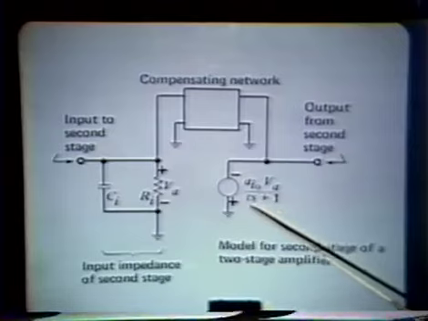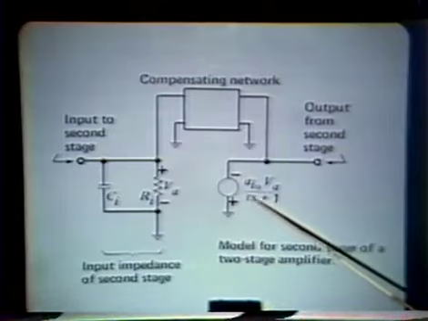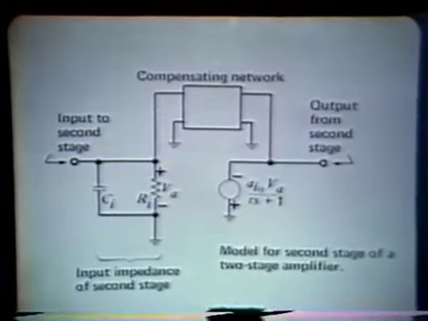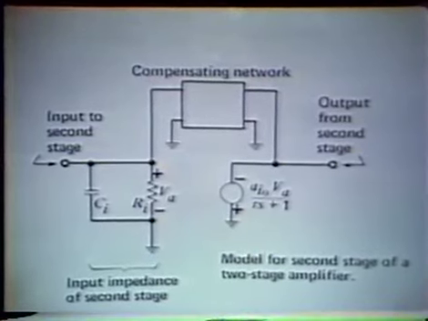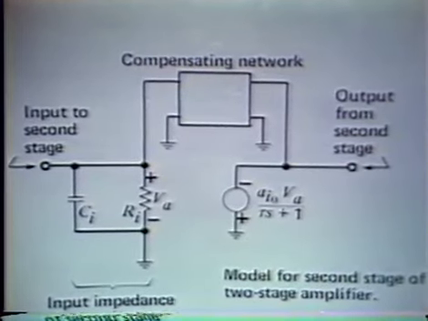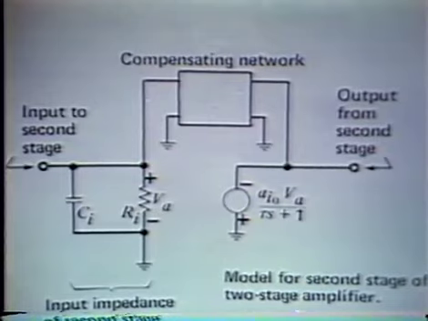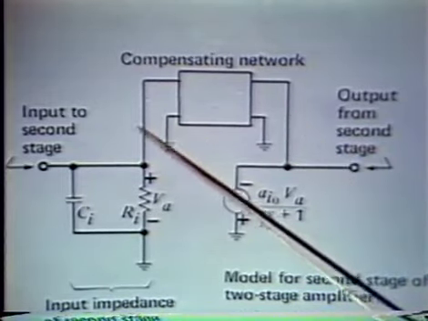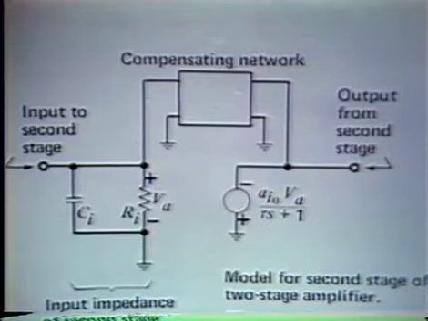The physical reason for this pole is normally capacitive loading at the output of the second stage itself, not at the output of the overall operational amplifier. And so that gives us a pole. And now we put a minor loop from the output of the second stage back to its input.